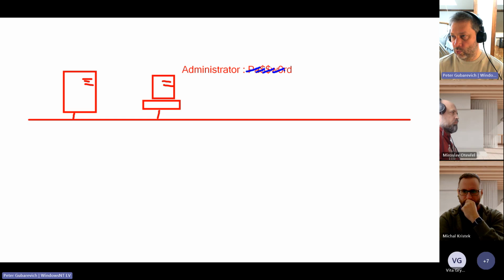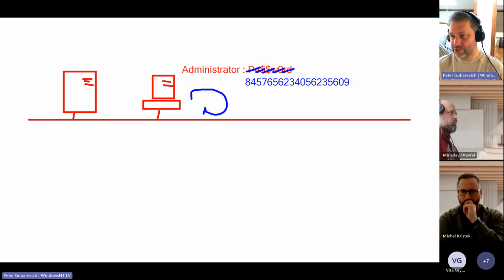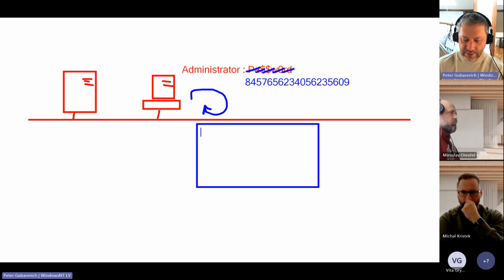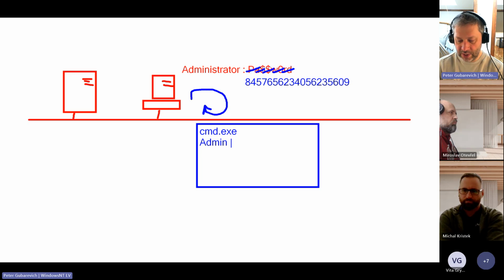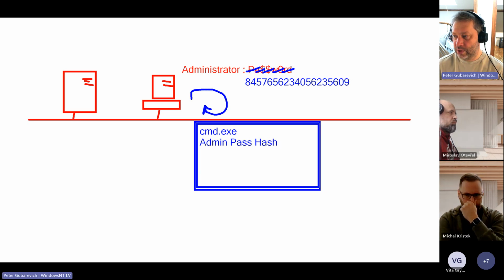It's encrypted one way, but I know this hash. So on that machine, by using system privileges, I spawn a new process, CMD, by using this admin password hash. So this specific CMD is running with this administrator and this password credentials.